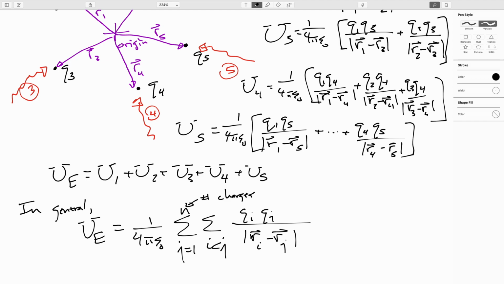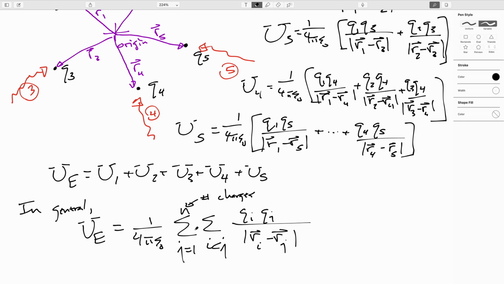Then we make j 3. Now that j is 3, i can be 1 or 2. So we will have a Q1, Q3 over R1 minus R3 and a Q2, Q3 over R2 minus R3.